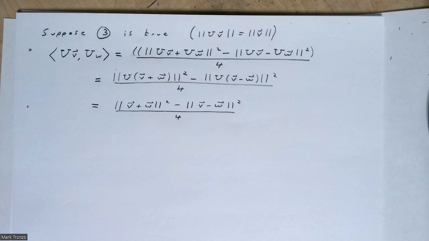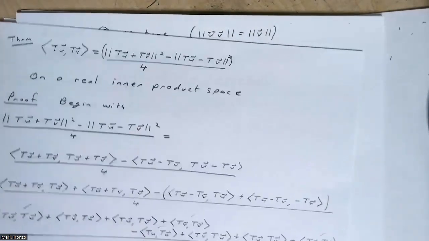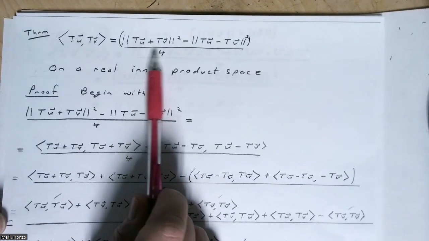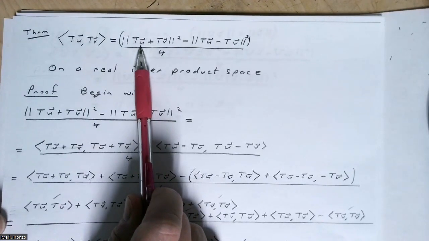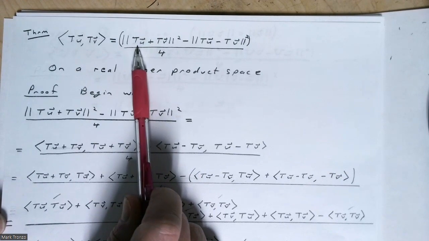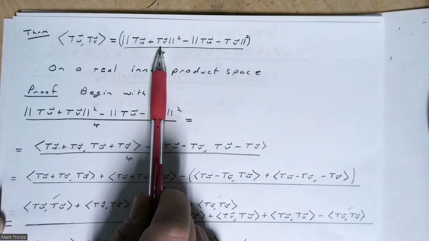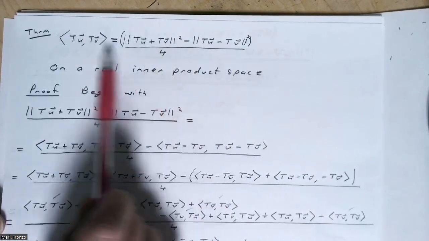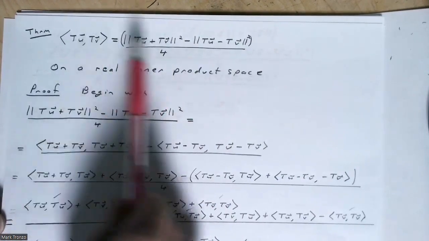And now we're going to go the other direction using this theorem that we looked at before, that if you have something here, say, TU plus TV squared minus TU minus TV squared, that's divided by 4, that's equal to this.